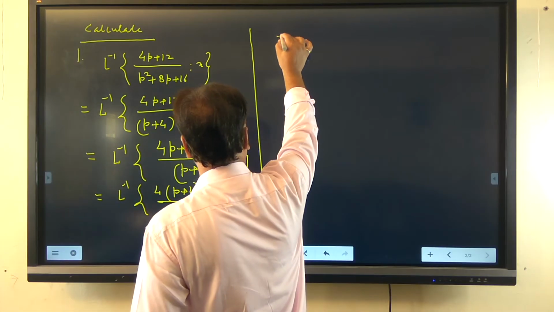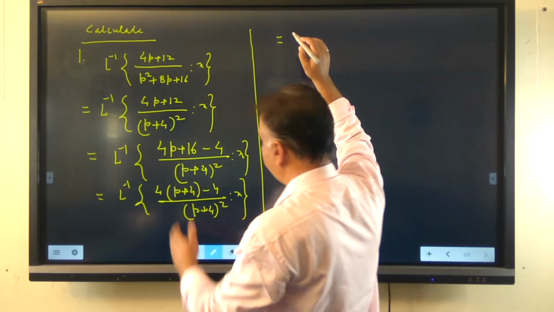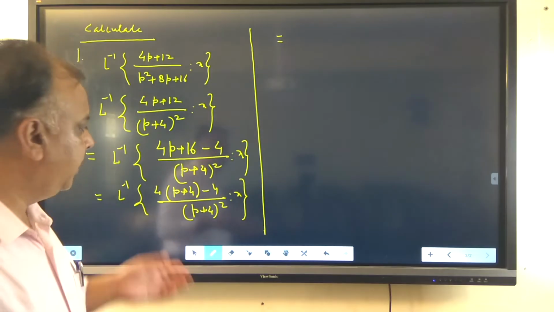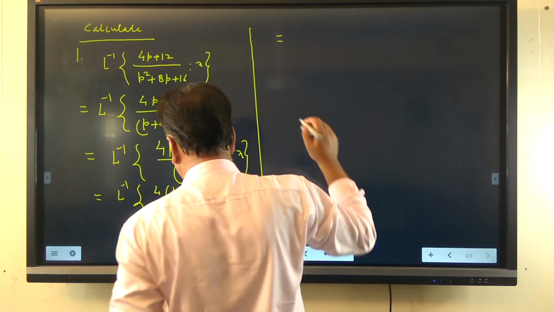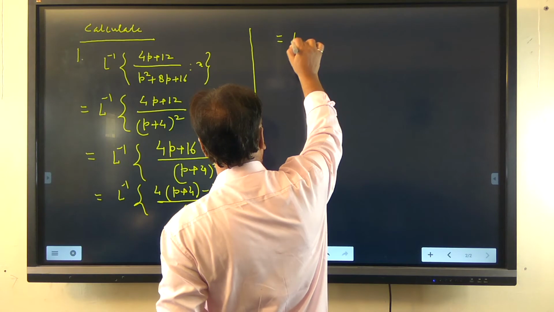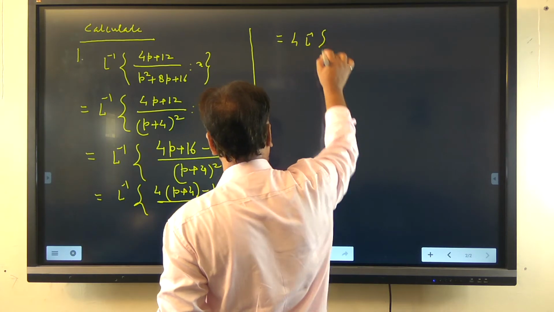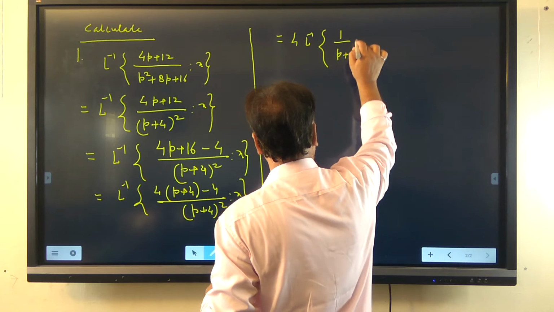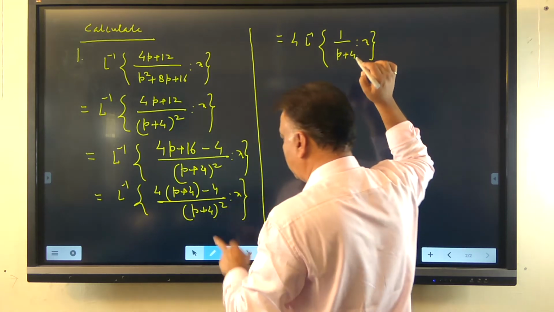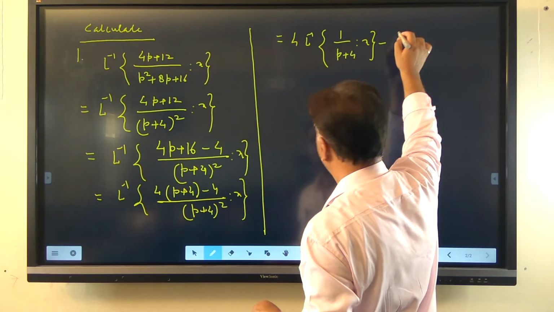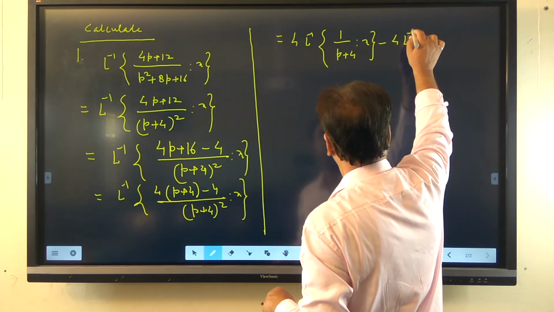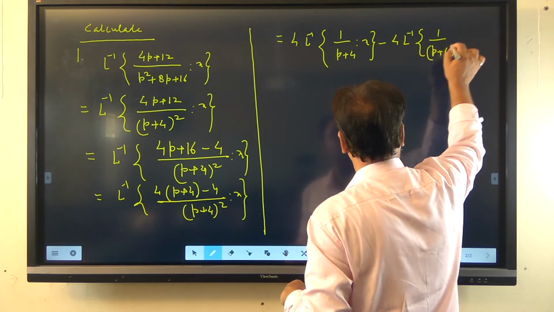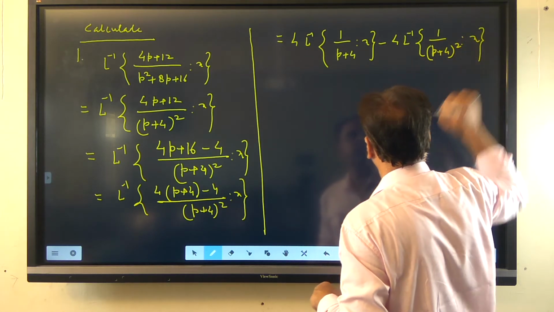If we use the linearity property for the inverse Laplace transformation, we can write this as 4 times the inverse Laplace transformation of 1/(p + 4) with respect to x, minus 4 times the inverse Laplace transformation of 1/(p + 4)² with respect to x.